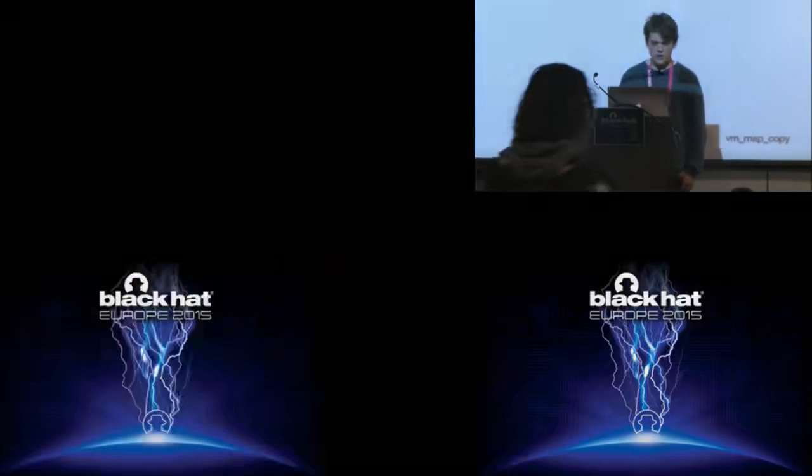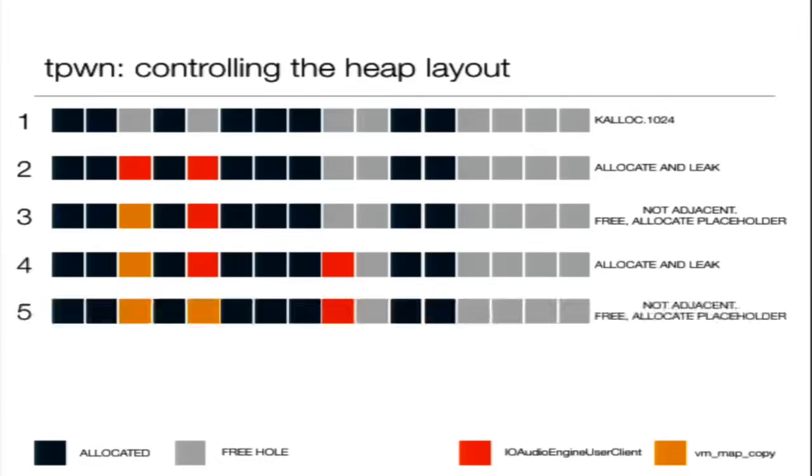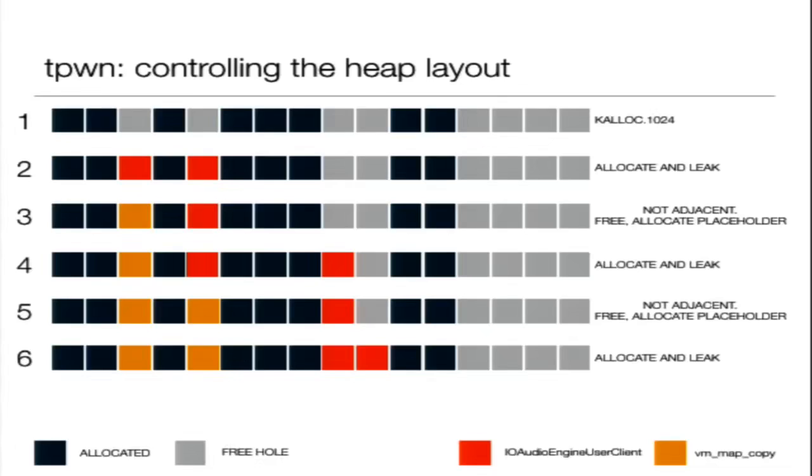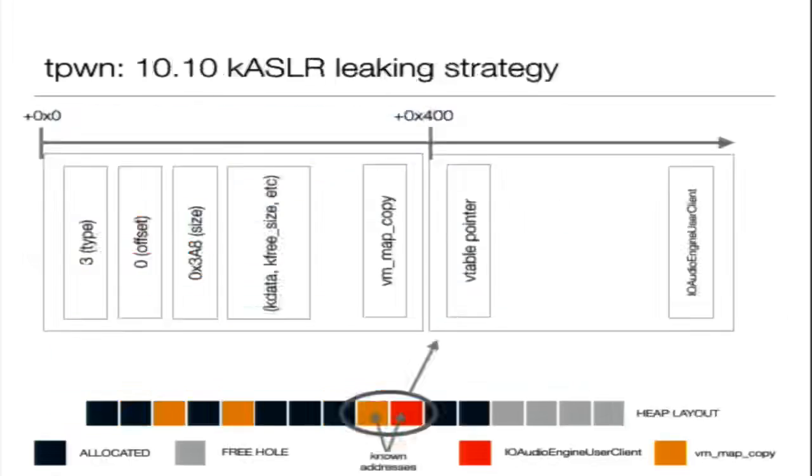From this new object, we leak the pointer, and we see it's not adjacent, so we free the first object and allocate a VM map copy in as a placeholder. So we allocate another object and leak again. These 2 objects are adjacent, so we can just free the first one, allocate a VM map copy in, and then we have this memory layout. And we know the pointers to both these structures.